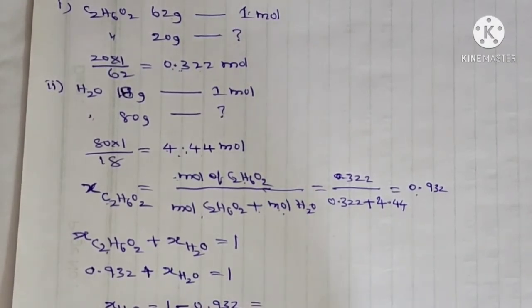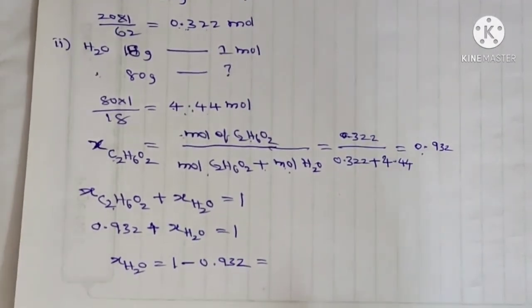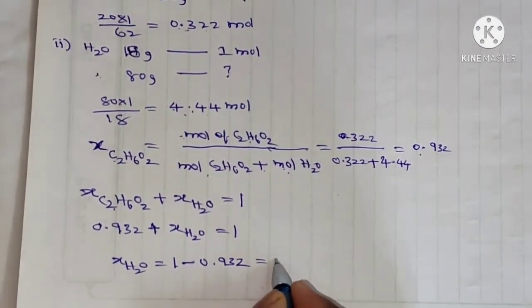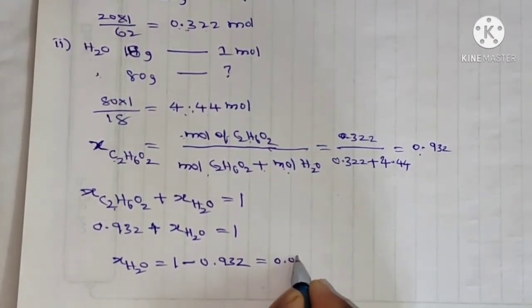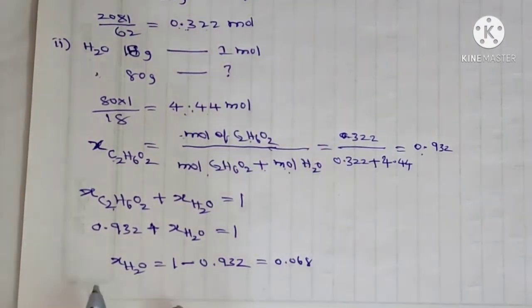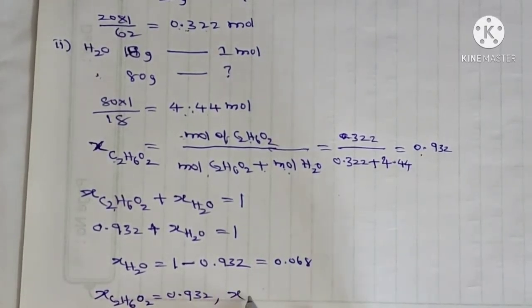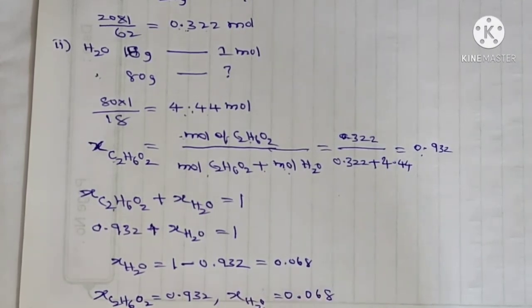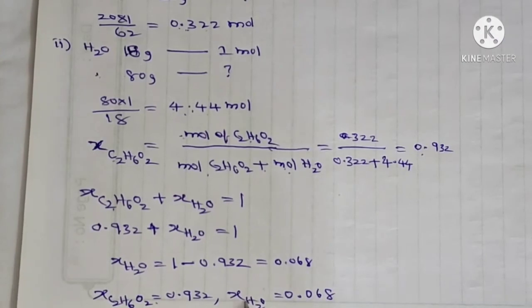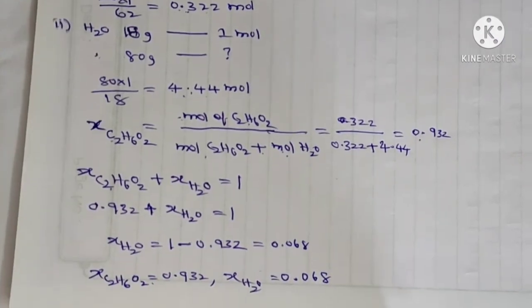If you do this calculation, we will get 0.068. So mole fraction of ethylene glycol is 0.932 and mole fraction of water is 0.068. Okay. So the sum of these two mole fractions is equal to unity.